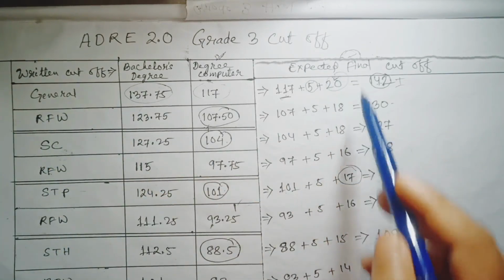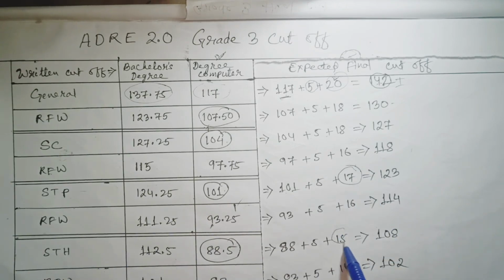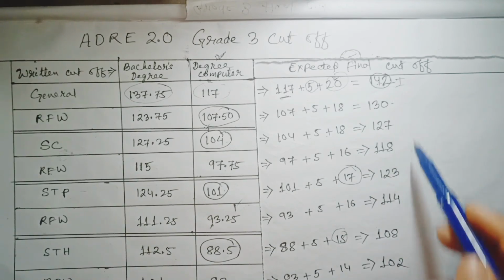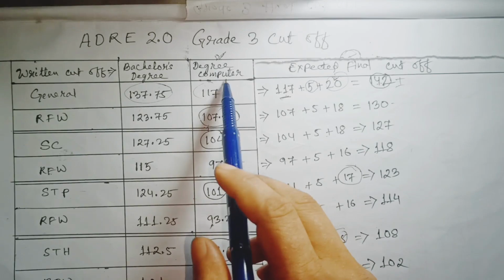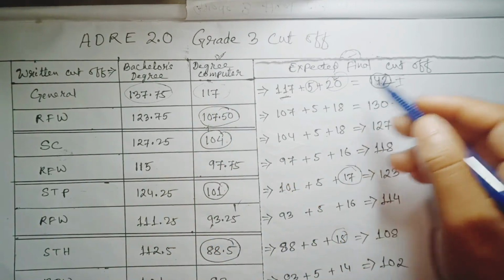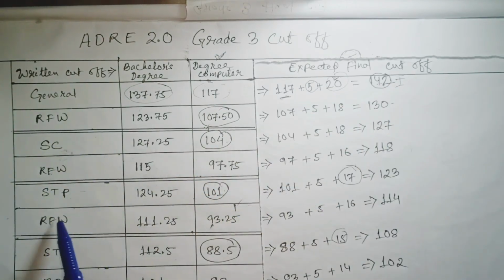For ST hills, 15. So these are the expected final cutoffs for degree with computer. Any candidate who scores 142 in general, SC 127, ST plains 123, ST hills 108, then OBC and MOBC 134, has a high chance of qualifying.